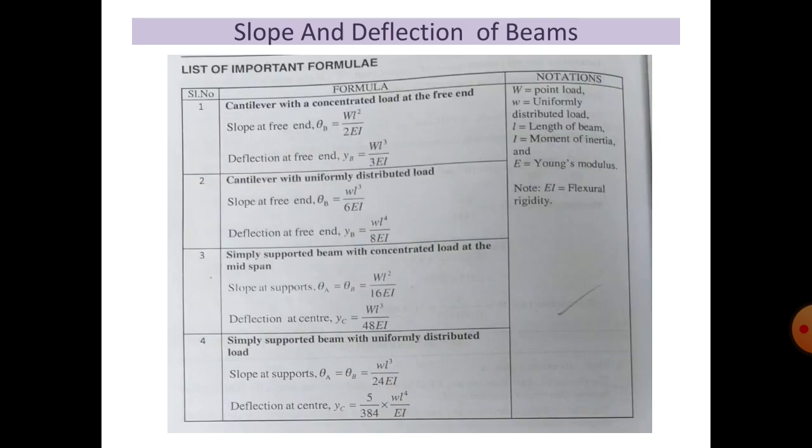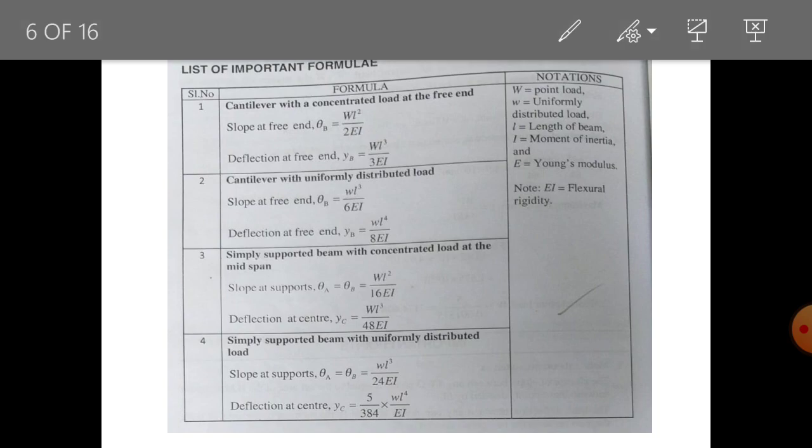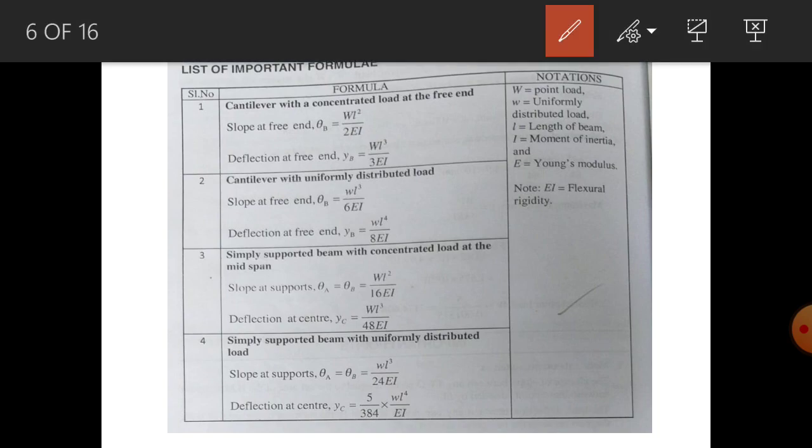Okay, next, once you derive the formulas, you will get the formulas for these different beams. As you can see, the cantilever beam with the concentrated load at the free end, right? So it is WL square by 2EI, and that is your slope, and the deflection is how much? WL cube by 3EI. Remember that your slope will be lesser than the deflection.